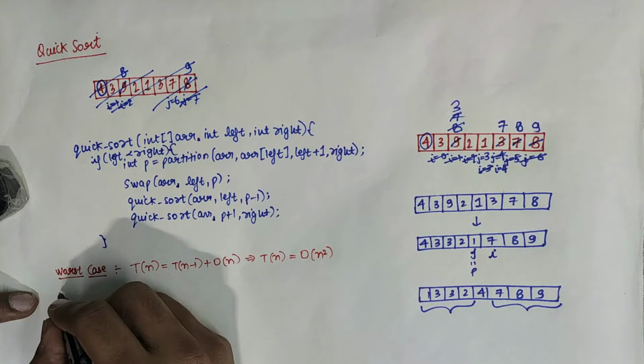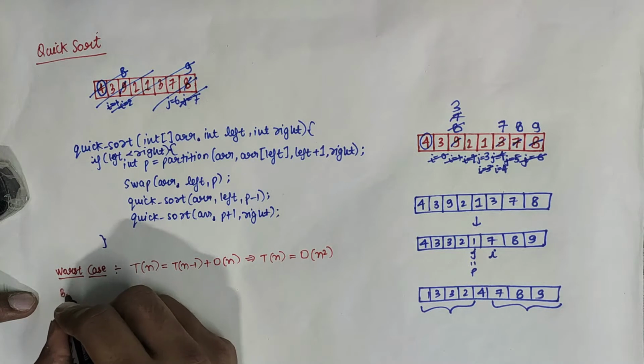The left part is empty, so quicksort will only be done on the right part. So it is T(n-1), and O(n) is because of the partition function which calculated the actual position of the pivot.